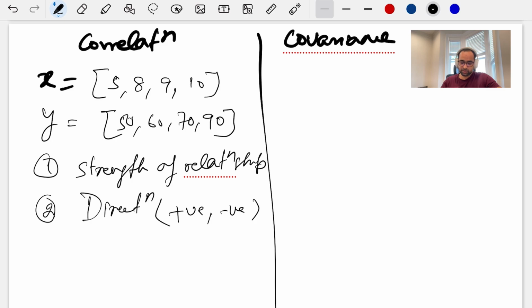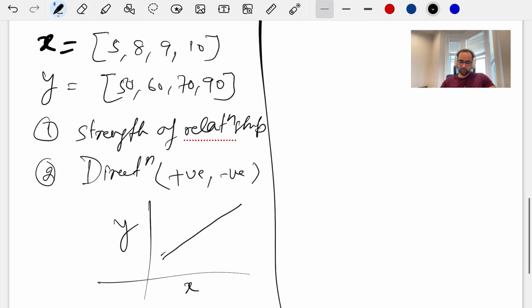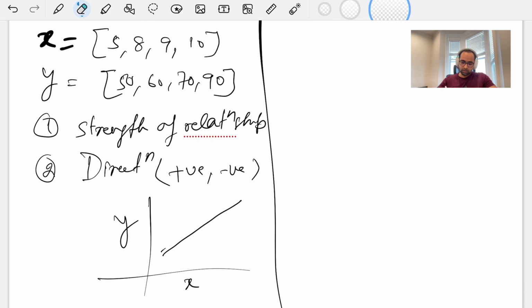So in this case, if we try to plot this x and y, what will happen? Suppose x is on the x-axis and y is on the y-axis. We will get some kind of plot like this, which is linearly increasing. So the direction is positive, and the strength of this relationship we can measure with the help of the correlation formula.